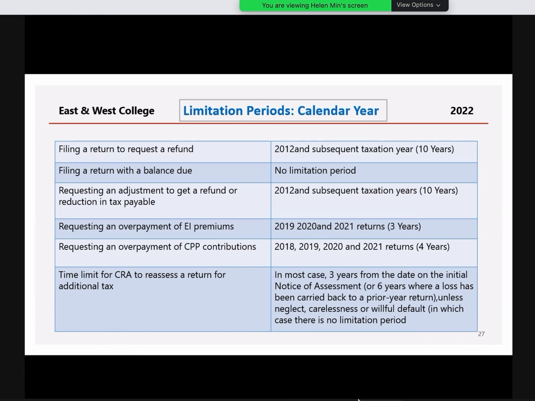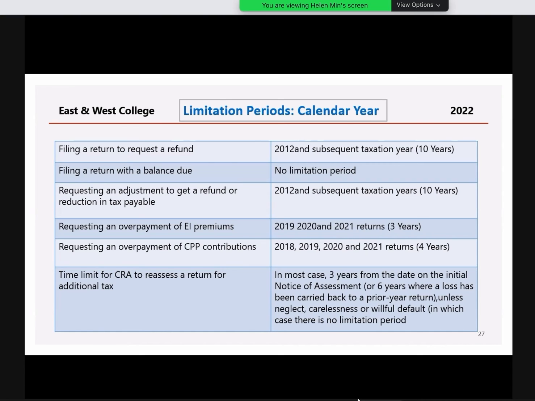Also, if you have 2 or more T4s, it's possible you have an overpayment. Okay, and if you do the paper return, probably you lose that money.